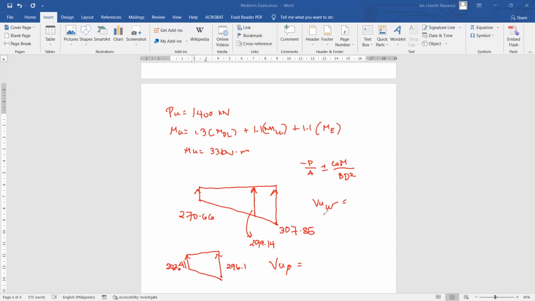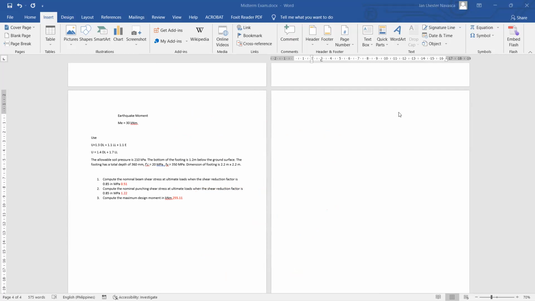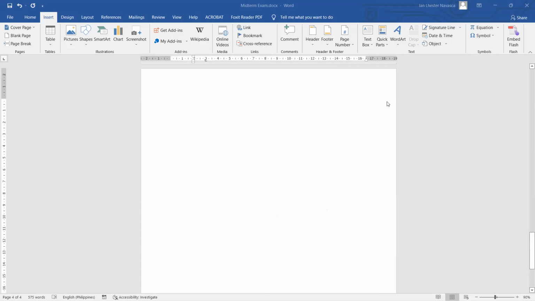Okay, for the design moment, solve mo again yung actual pressure. Meron ka ng actual pressure, ito na yung actual pressure mo. And ito yung inyong footing, and ito yung face of the column. Ang critical section for the footing is at the face, so you need to find the pressure at this point.